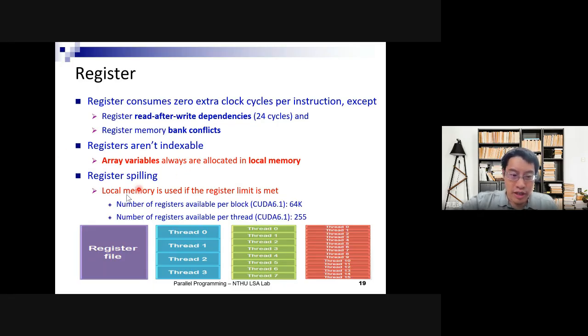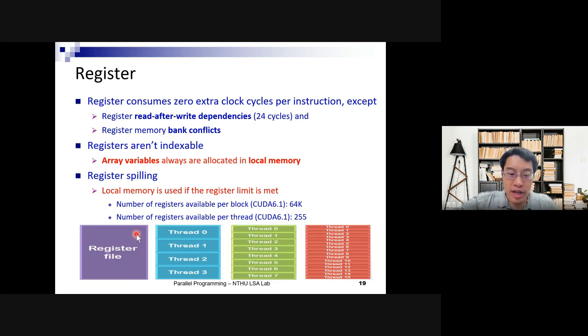Okay, so another problem is the space, right? As we mentioned, you have limited register size for each thread. As a matter of fact, the number of registers available for each thread depends on the block size. Because for the stream processor, when it tries to allocate the registers, they are actually allocated by the thread block.